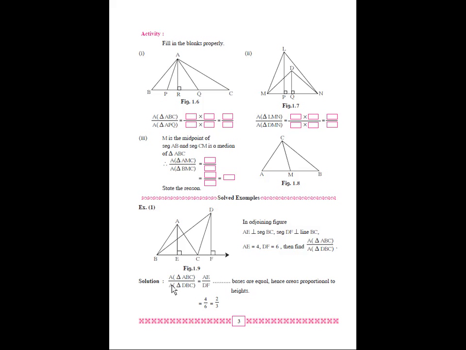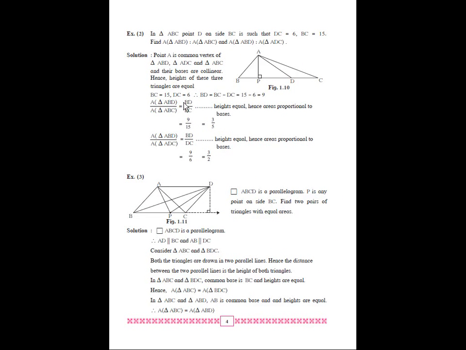For your first triangle ABC, the height is AE, and for your second triangle DBC, the height is DF. That's why we have written AE and DF here. What is the value of AE? AE is equal to 4 and DF is equal to 6. If you divide this, you will get 2 upon 3. So what is the ratio? 2 is to 3.